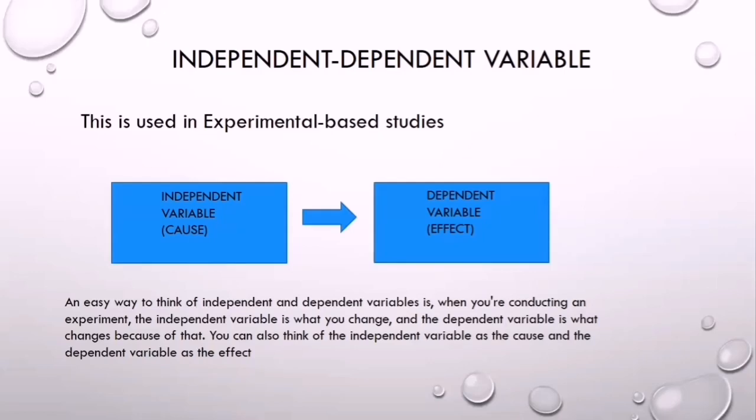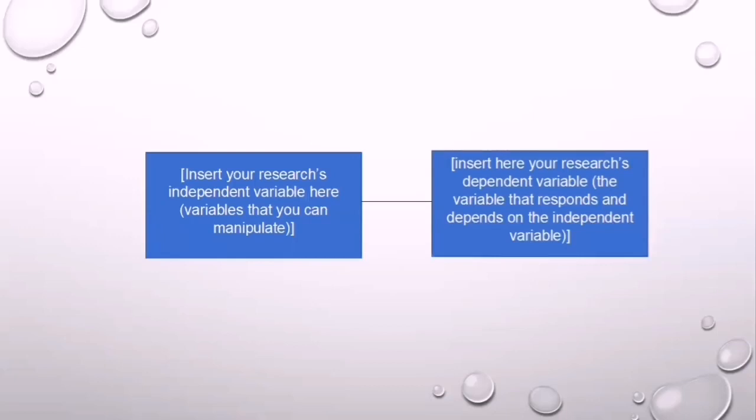You can also think of the independent variable as the cause and the dependent variable as the effect. This is a model of independent-dependent variable. You can also show this model through a line.